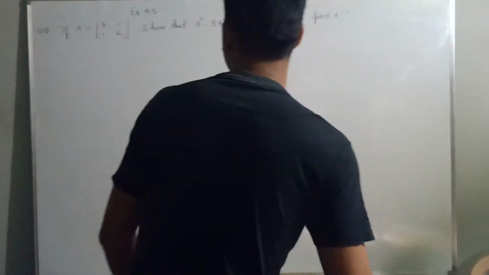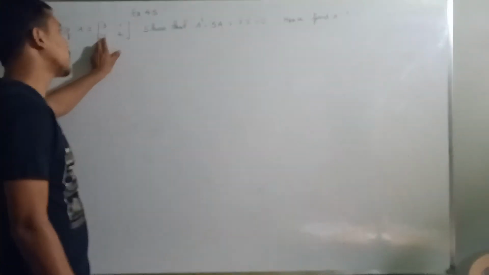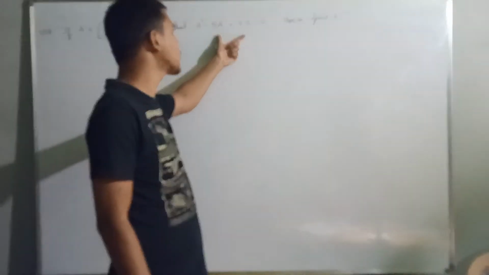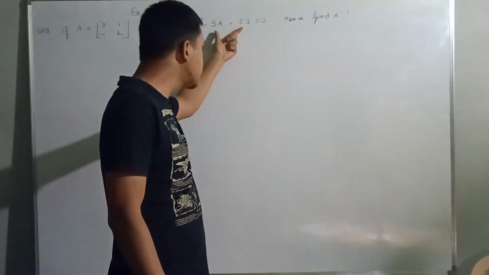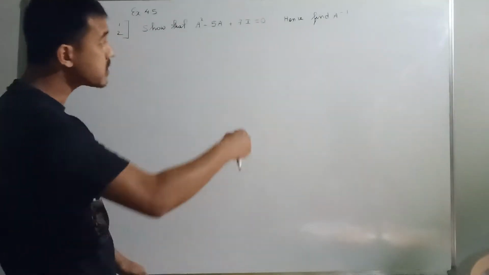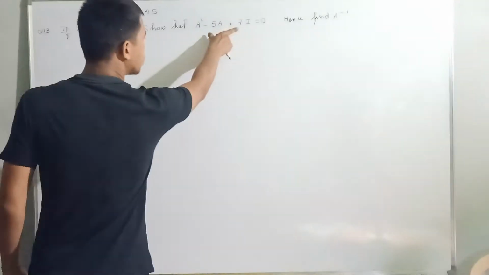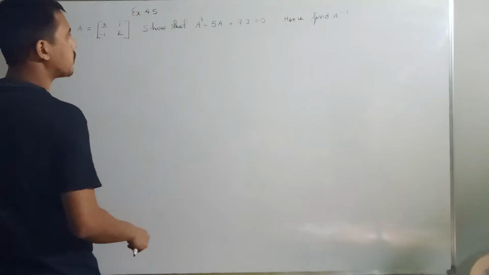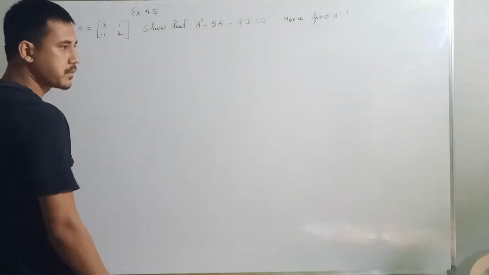So for a given matrix A, we need to show this condition. We have to prove this condition. And using this condition only, we need to find A inverse. First you need to show this, hence find A inverse. In this case, you cannot use the formula of A inverse, okay?